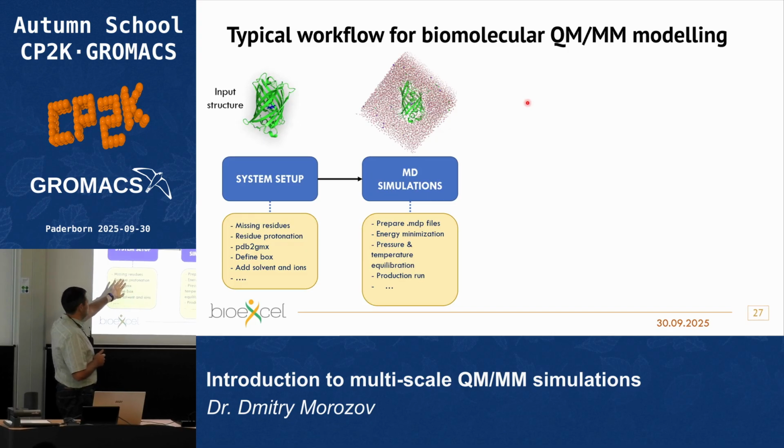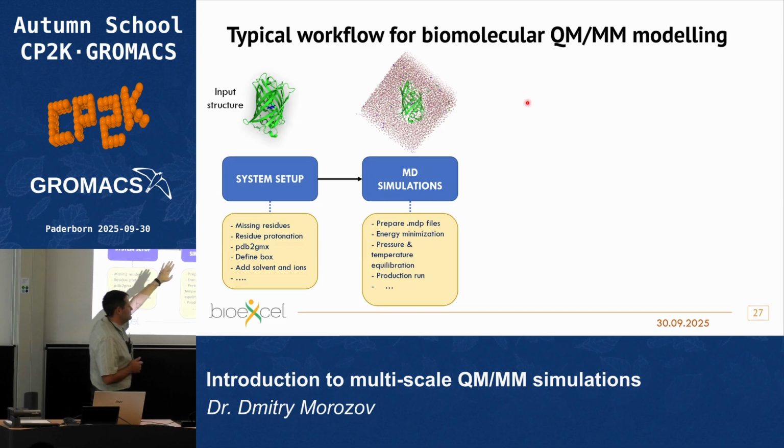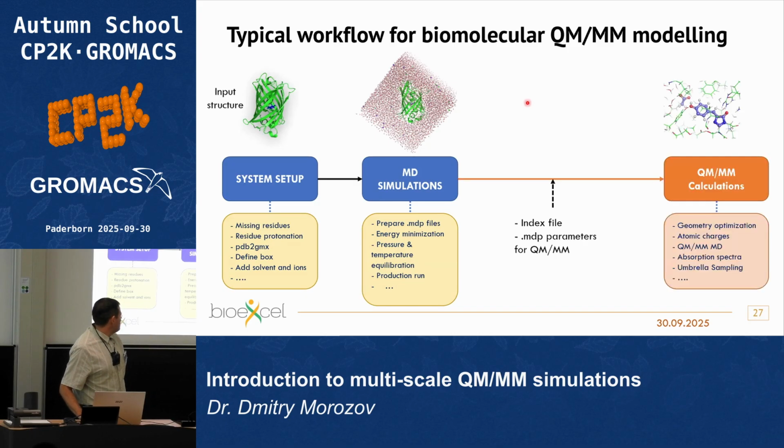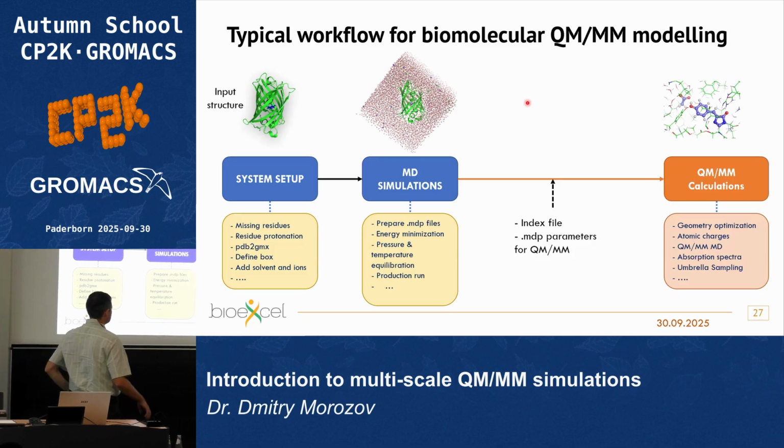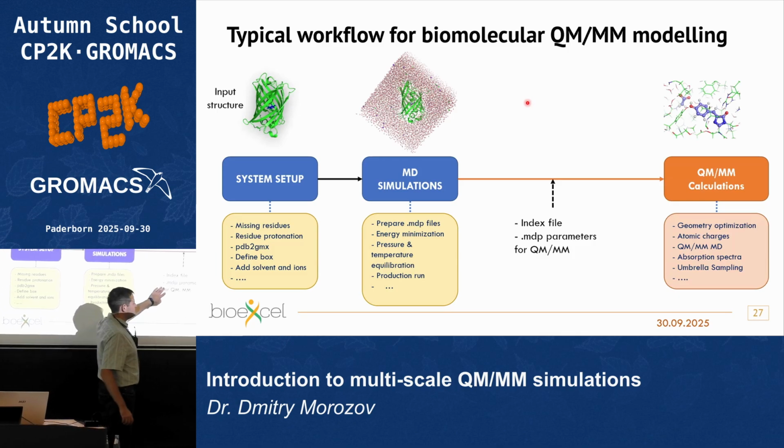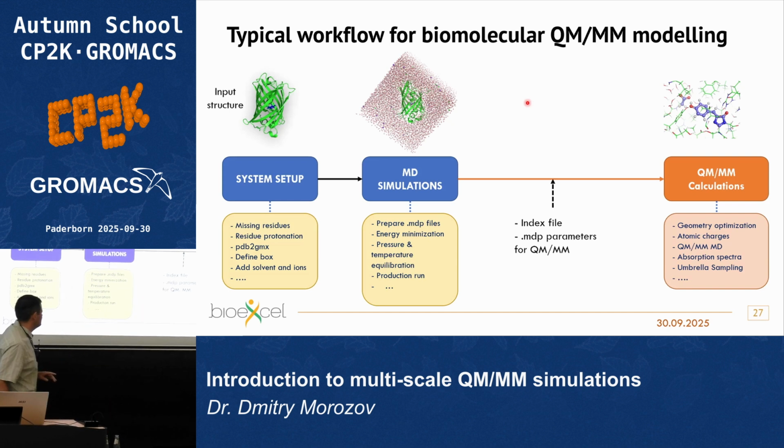You can do this, all of the simulations you did yesterday, if you have all the force field parameters. And in order to switch it to the QM/MM setup, you just need to provide several options in the MDP file, and in the index file, you mark a group of atoms which will be your QM atoms. That's all you need to do to start.